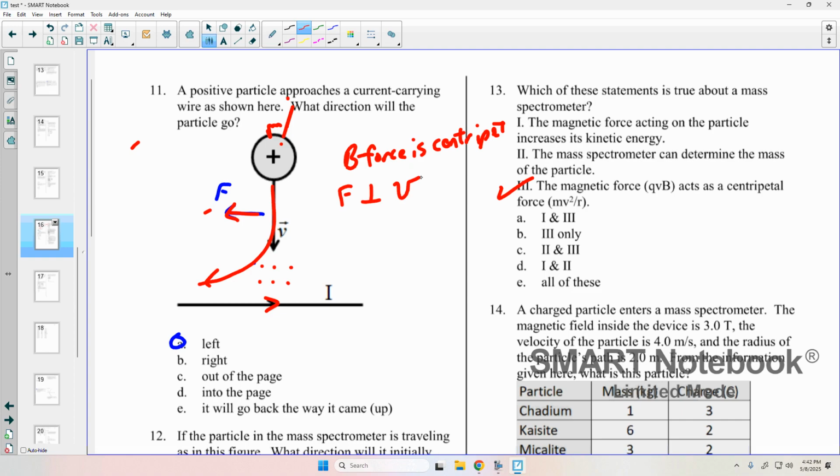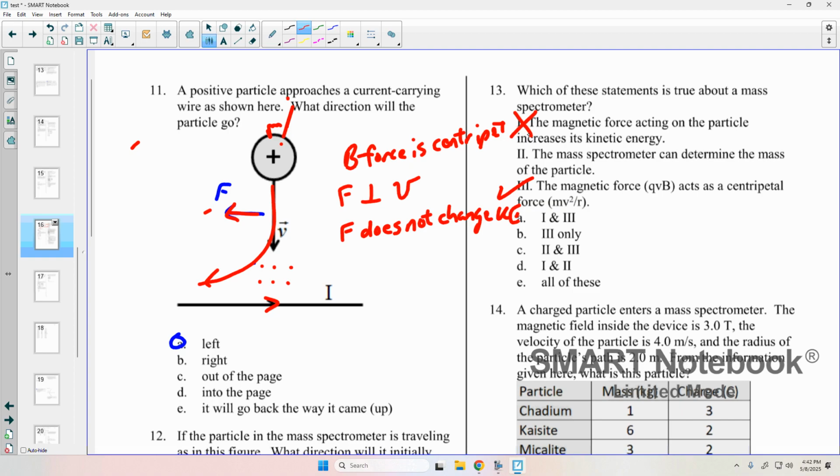That's what that upside down T symbol means, that it's always at an angle of 90 degrees. So the force is perpendicular to the velocity. As a result, that force does not change the kinetic energy. That might have been a statement here. Number 1 says the magnetic force increases its kinetic energy.